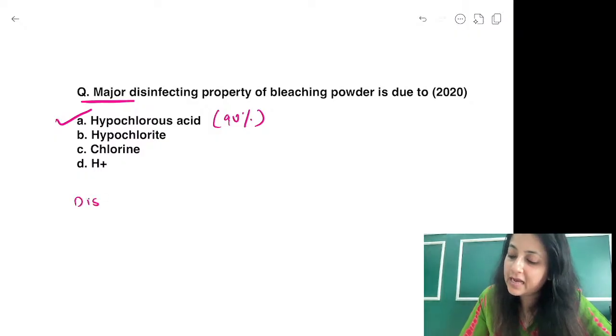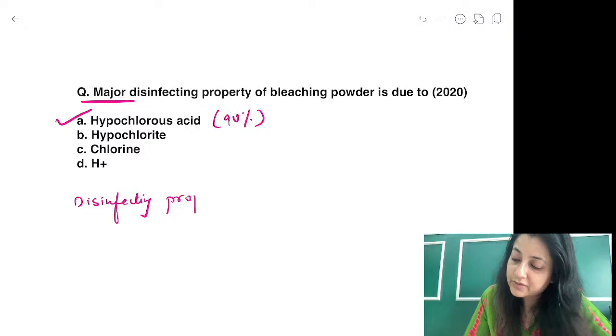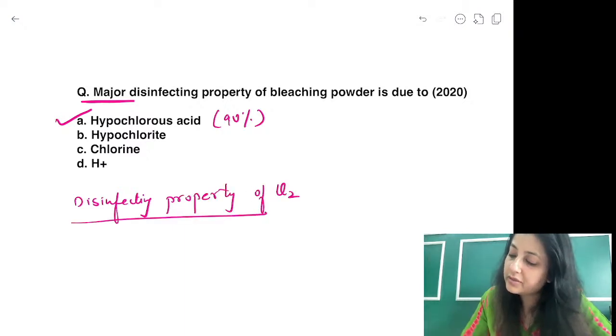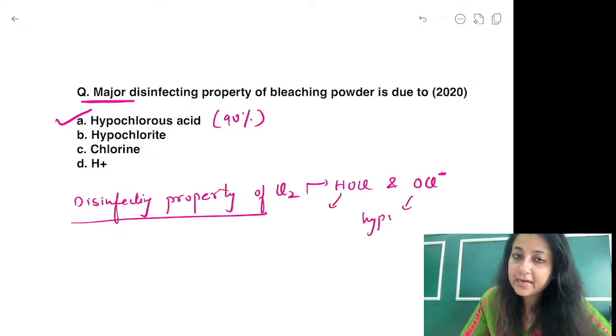But if somebody asks you the disinfecting property of chlorine, it is due to both HOCl and OCl minus. Disinfecting is due to hypochlorous acid and also hypochlorite ion.